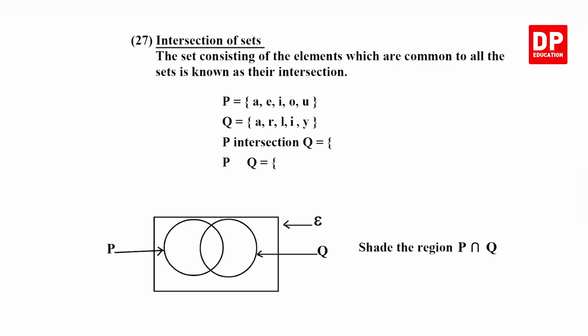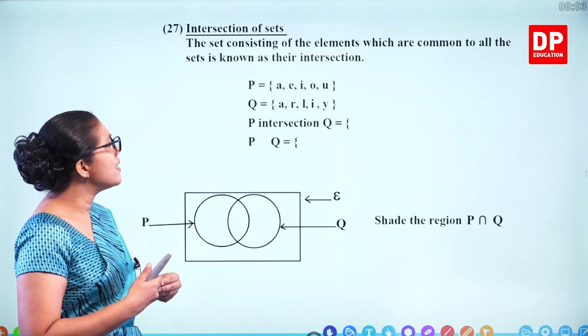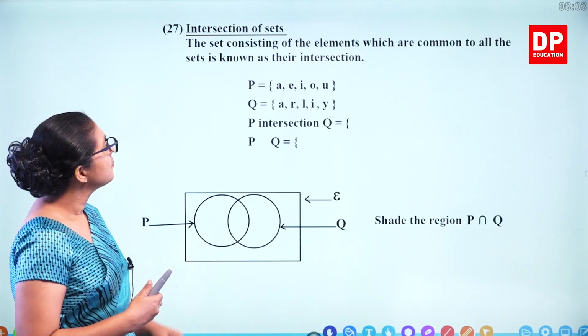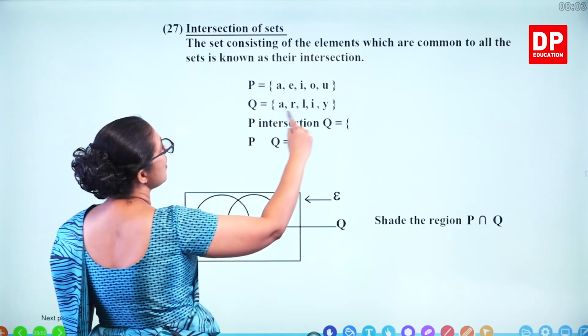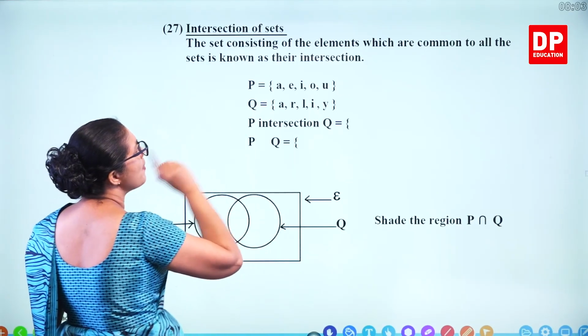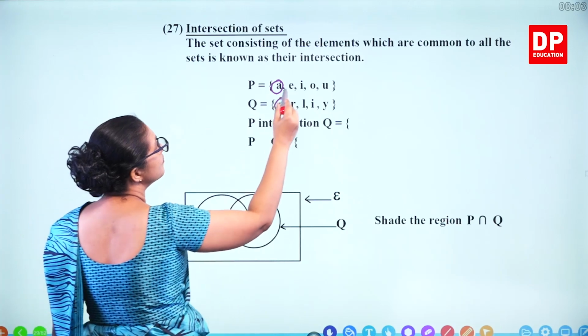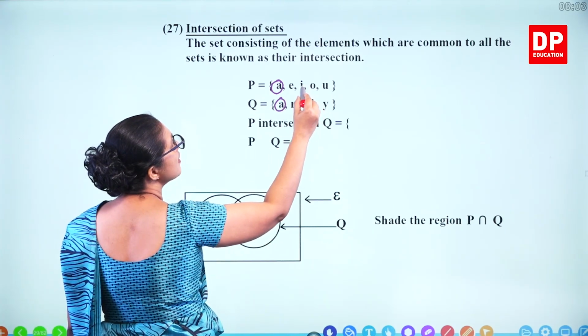Intersection of sets. The set consisting of the elements which are common to all the sets is known as their intersection. So what does intersection mean? Common elements. Look at P and Q. There are certain elements common. A. What else?